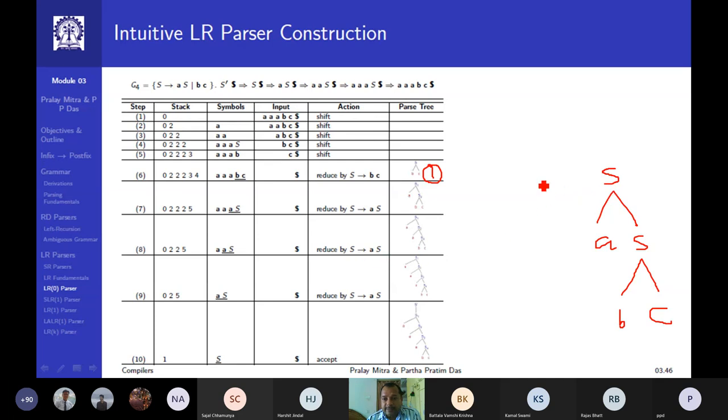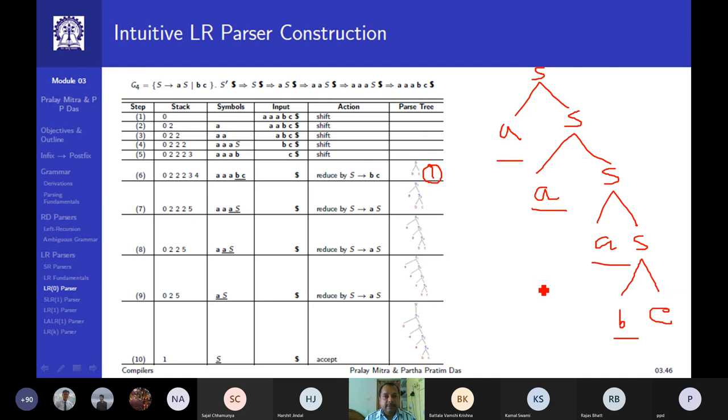Then another AS, so A and this S, you will get another one. Then AS, so A and S, that way you will go, and then A, A, A and BC, that is your parsing tree.